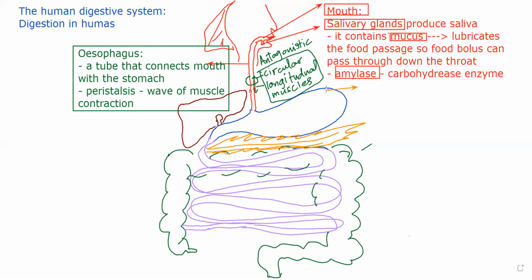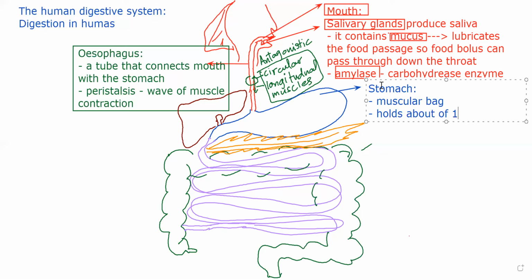What is the stomach? The stomach is a muscular bag. I change the blue color. It can hold about 1 liter of food.